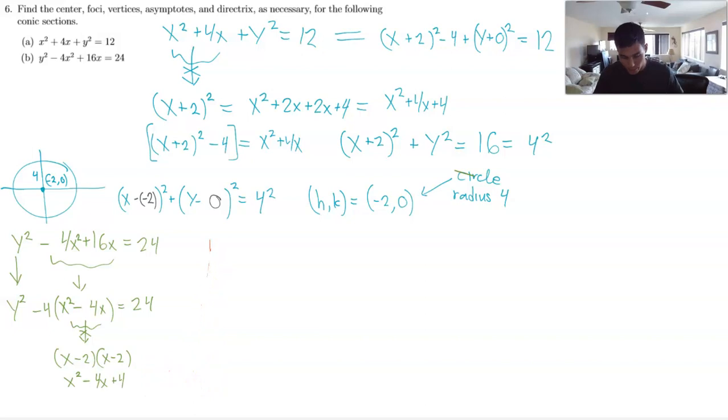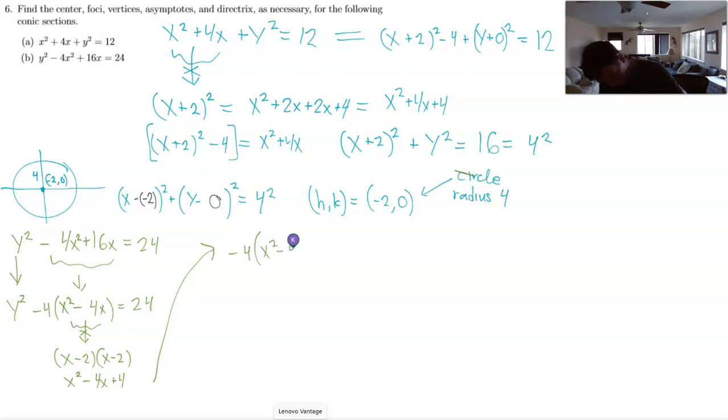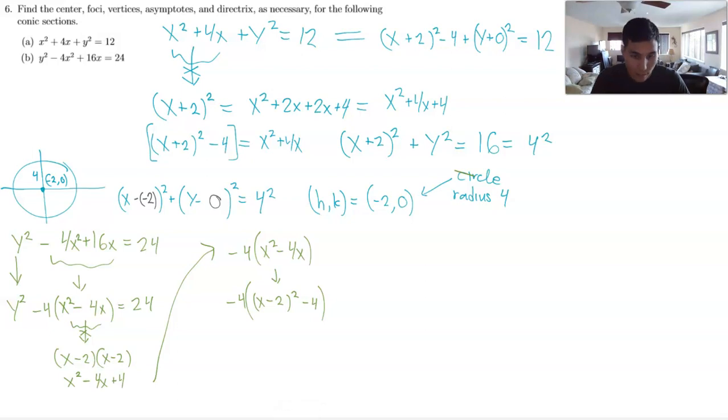So let's go up here real quick. Originally we have -4 times x squared minus 4x. Well, that's the same thing. If we write this as -4, and then the x squared minus 4x, what if we write it like this? x minus 2 squared minus 4. Well, I'm arguing that since I made this algebraic manipulation, this is going to be the same thing as this.